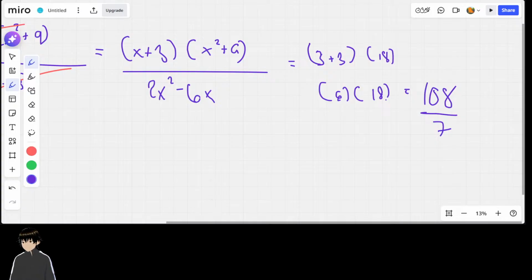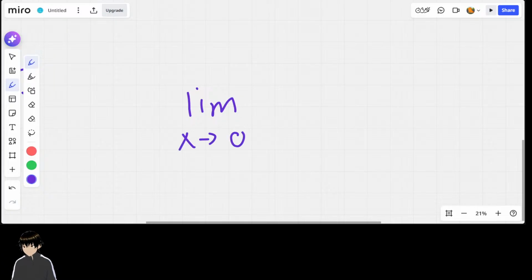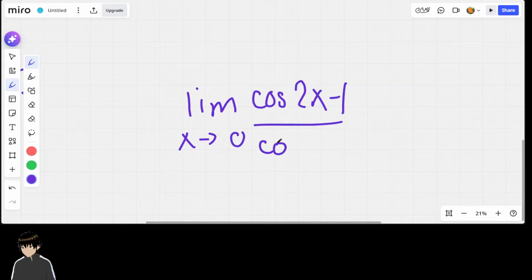Let's try another question here. So we have limit of, what was that? Let me see it. Cosine of 2x minus 1 over cosine of x minus 1.